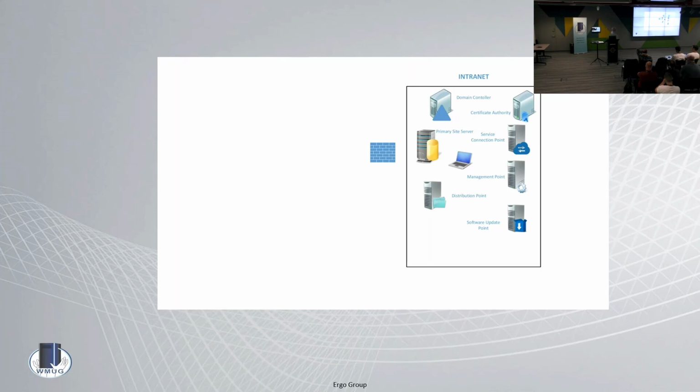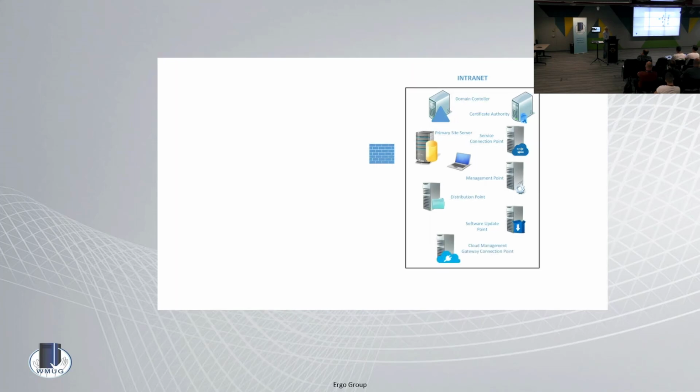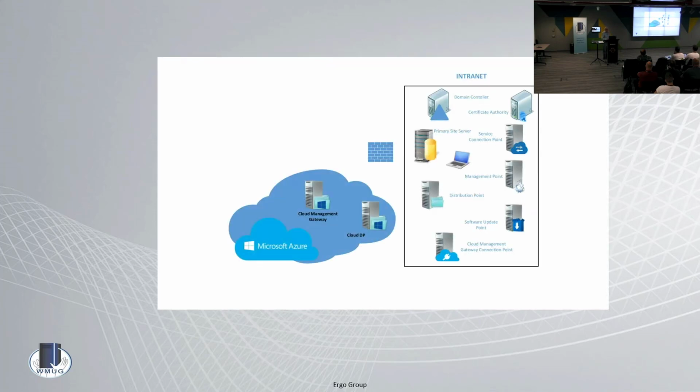I'm going to show you my lab shortly, where we're going to do some nosing about. I upgraded it to 1906 a couple of days ago, so we're actually on 1906. And this is the new role on the intranet, the cloud management gateway connection point, which we will discuss shortly. We also have an Azure subscription.